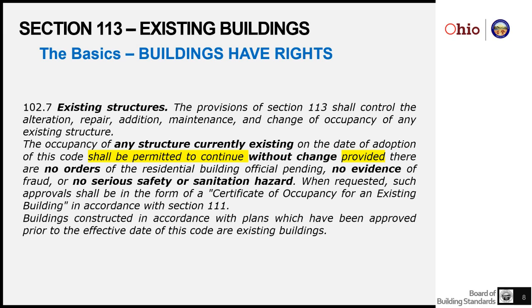So it can continue to exist. People can continue to use that building without change, provided there's no orders from the residential building official pending, there's no evidence of fraud, and there's no serious safety or sanitation hazards involved with that building. So as of July 1, 2019, all the buildings and structures that existed are allowed to continue to exist.